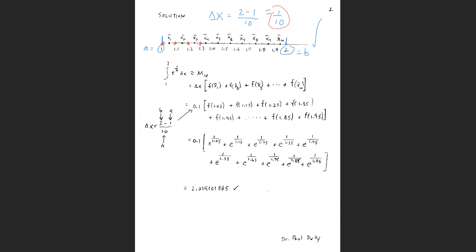Then, of course, I have to pick the midpoints. For the first subinterval that goes from 1 to 1.1, the midpoint is right halfway, so that midpoint would be 1.05. I'm going to let you copy this. The second subinterval is halfway between 1.1 and 1.2, so that midpoint would be 1.15. The third subinterval is halfway between 1.2 and 1.3, so that midpoint would be 1.25, and so forth.